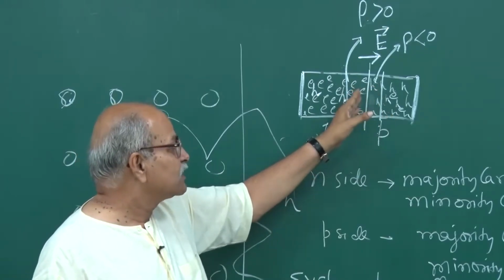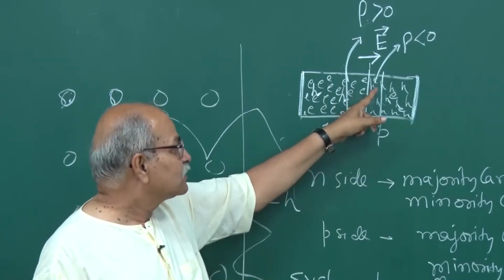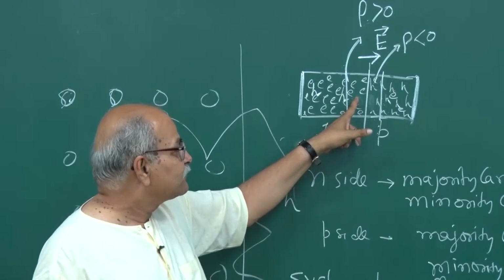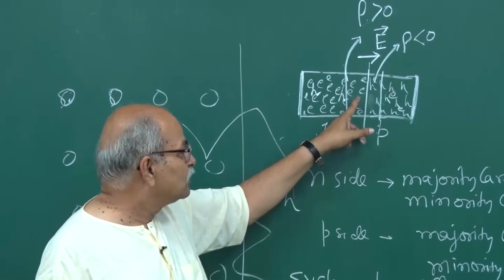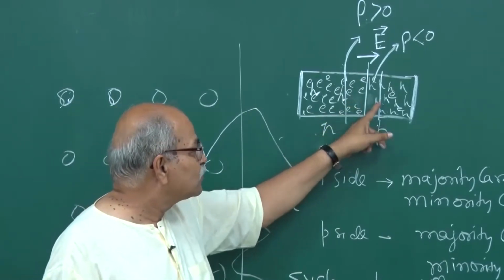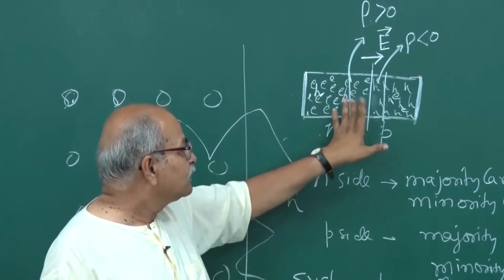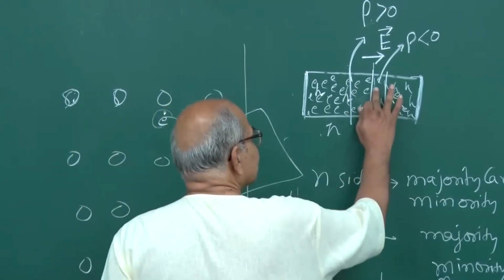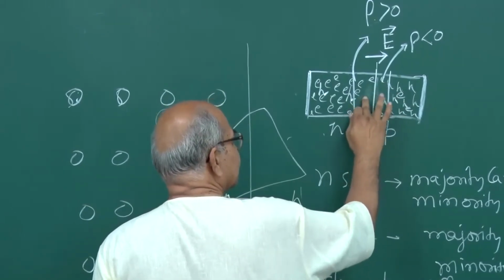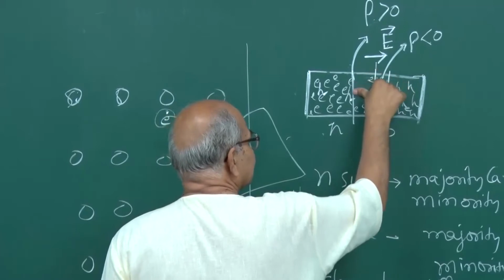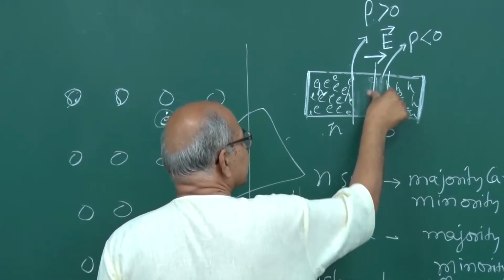A bond is broken from here and this hole comes and fills that, and then a hole is created here. So, this electron goes from here to here, this broken bond is filled by this electron, and therefore this hole has come to this side, and then this electron has filled that hole. So, that is also over.